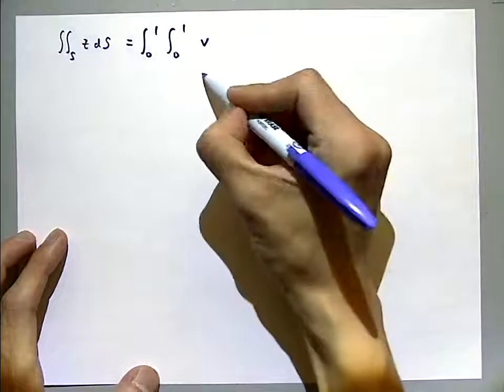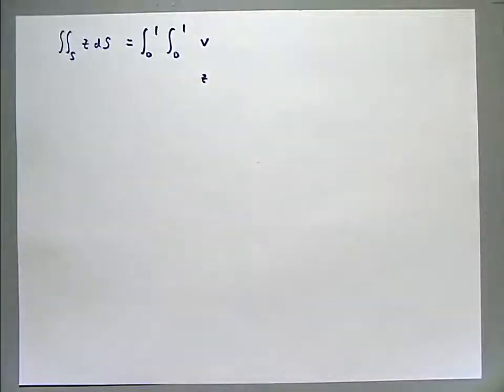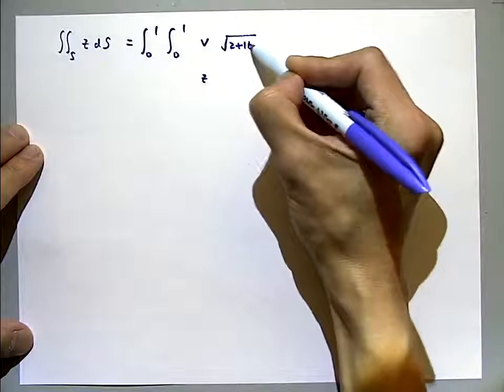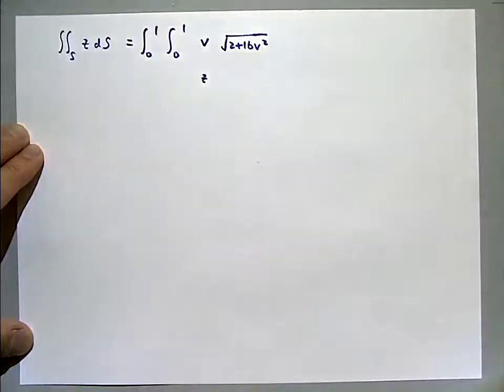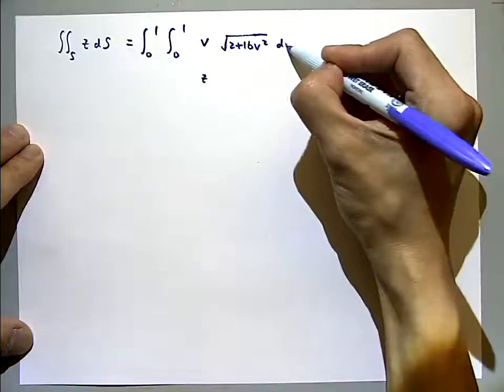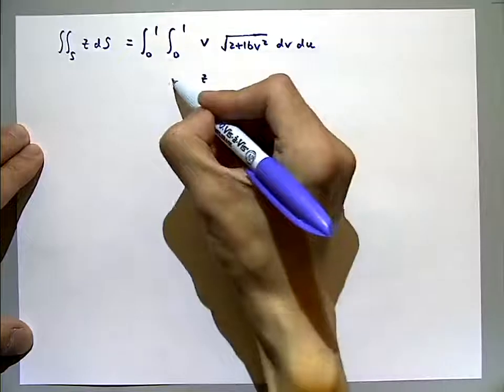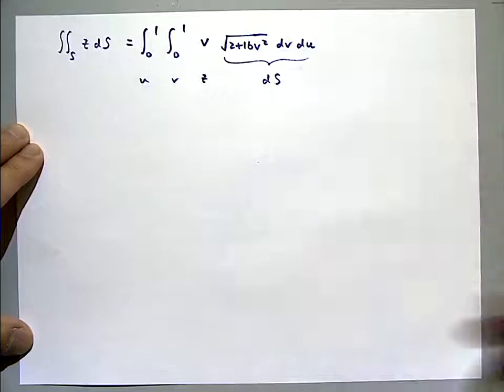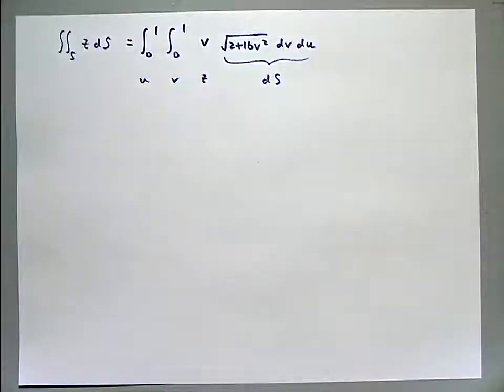And dS is the magnitude of r_u cross r_v, which is the square root of 2 plus 16v squared. Let's do dv du. I could have done du first, but I saw v is more complicated, so I want to do it first. Do the easy stuff at the end.